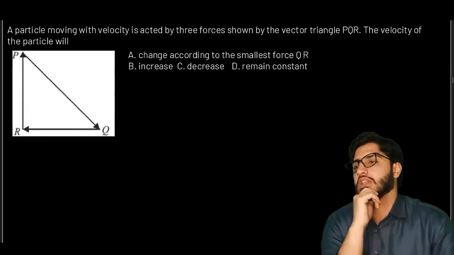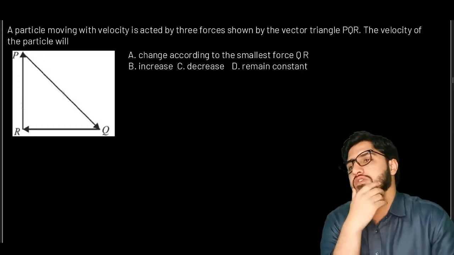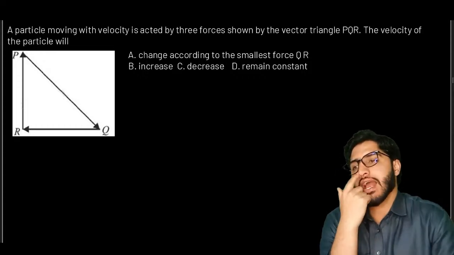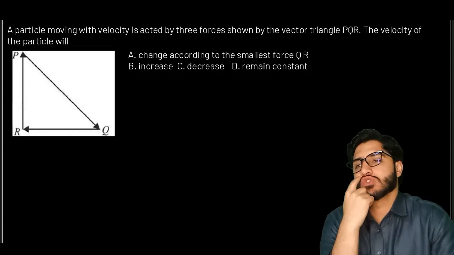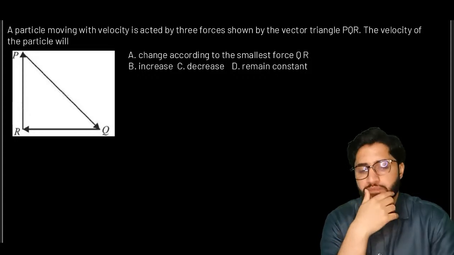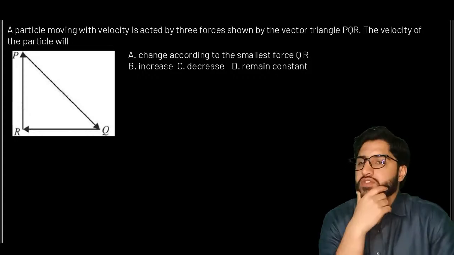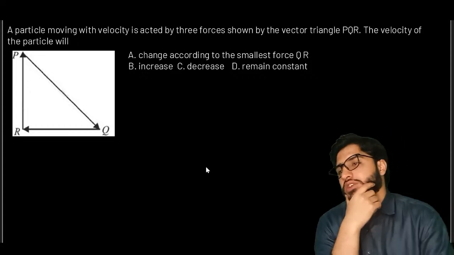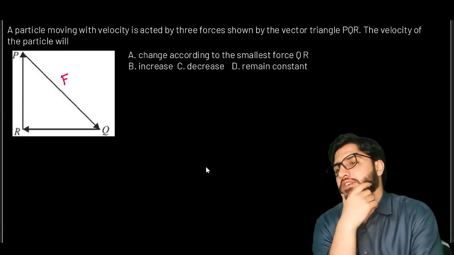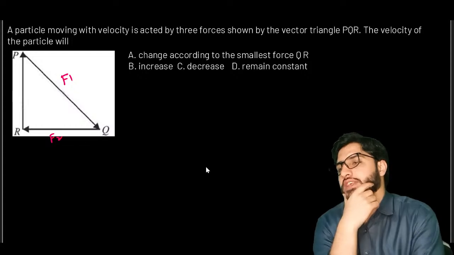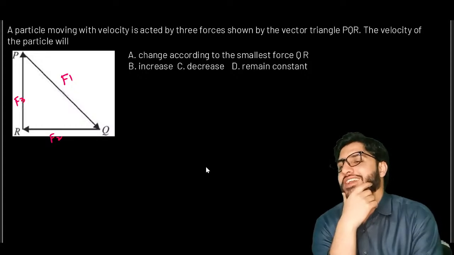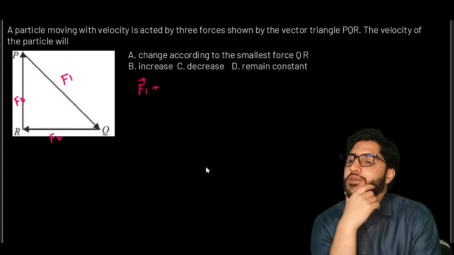Next one. A particle moves with velocity and is acted on by three forces shown in the figure, triangle PQR. Find the velocity of the particle. Okay, look now. Let us say this is F1, F2, this is F3. Triangular, right? Can I write F1 plus F2 plus F3?